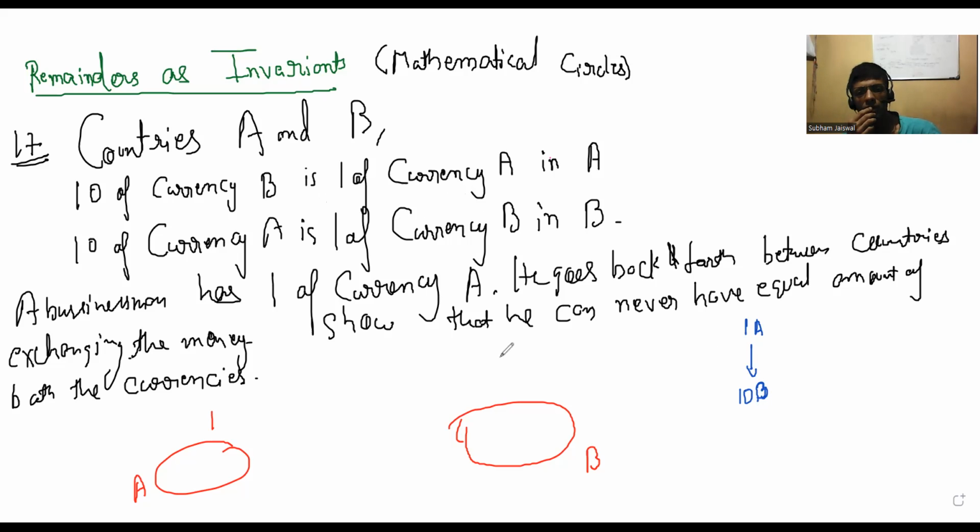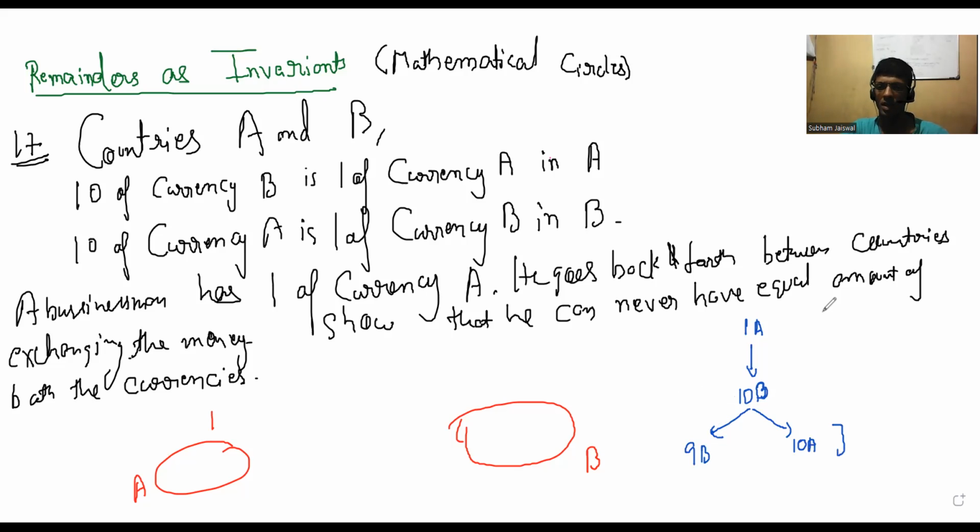So now in country B, 1B can give him 10A. So then let's say that he goes to country B, then he has this 9Bs, and then from the 1B he gets 10A.